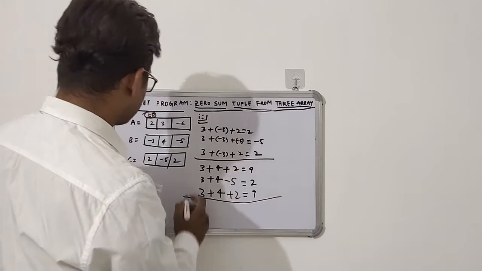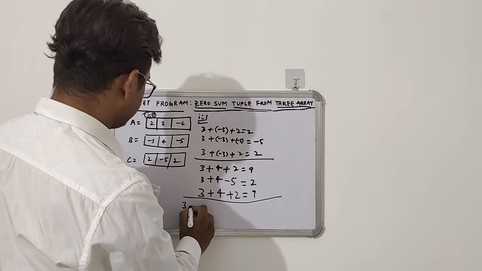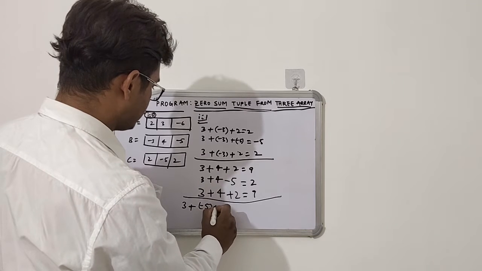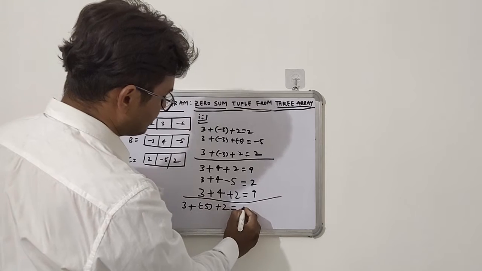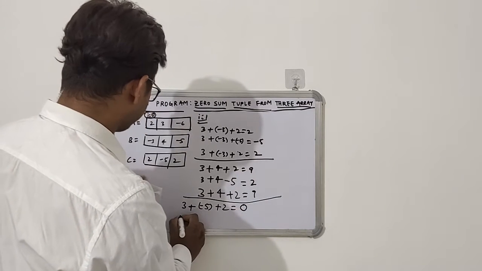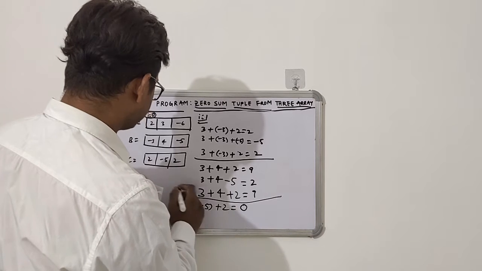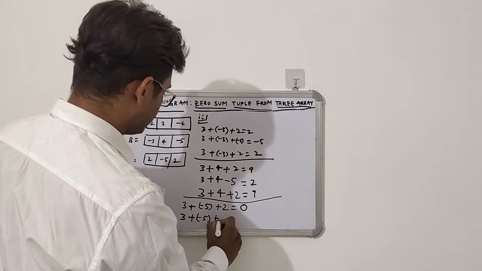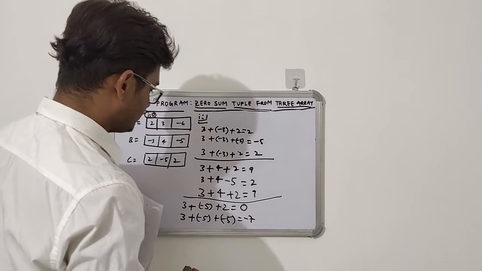Okay, now we will take 3 plus minus 5 plus 2, this will be 5 and minus 5, this will be 0. Okay, now 3 plus minus 5 plus minus 5, this will be minus 7, right?